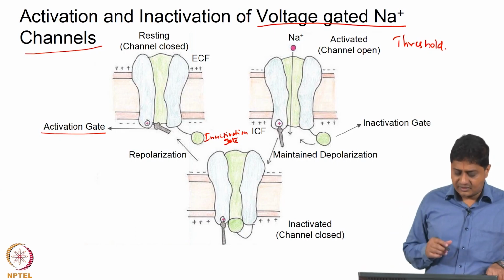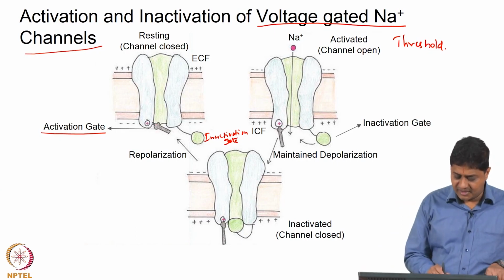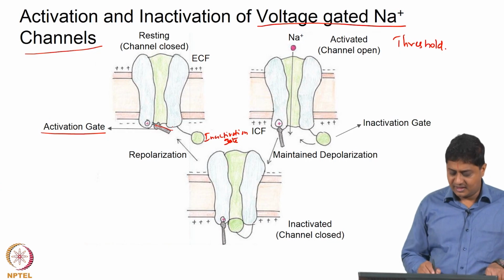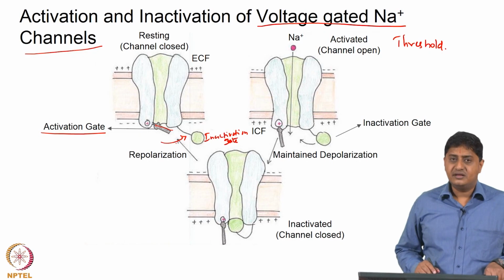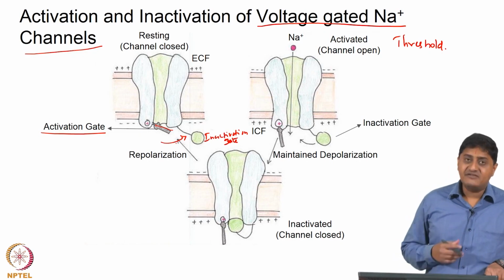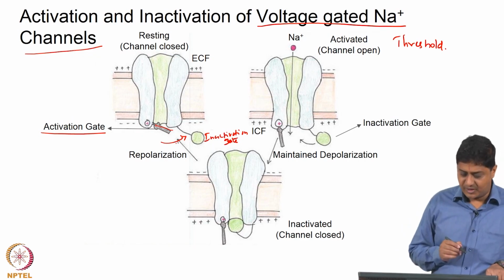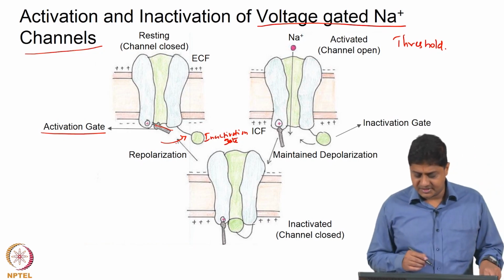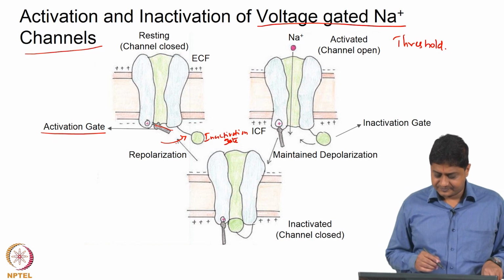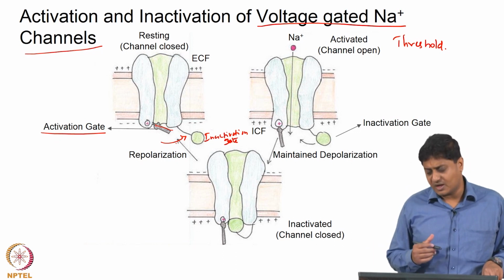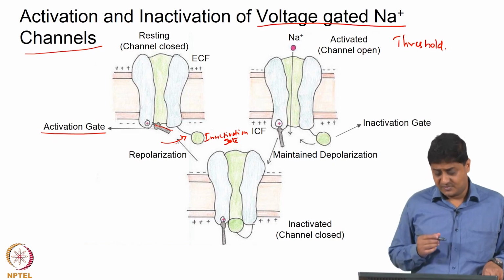In general, at rest, the activation gate remains closed like that, and the inactivation gate is open like that, right. Suppose threshold is reached, at some point the threshold is reached, what happens is that the activation gate and the inactivation gate both receive command to change from their rest state.